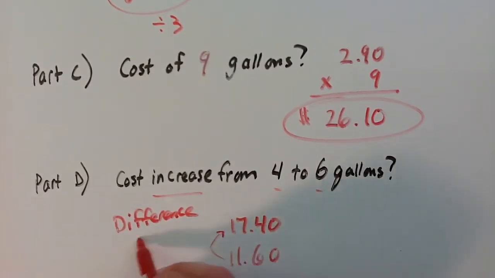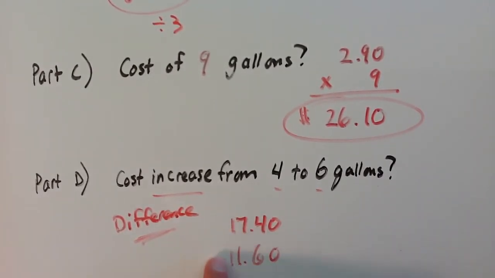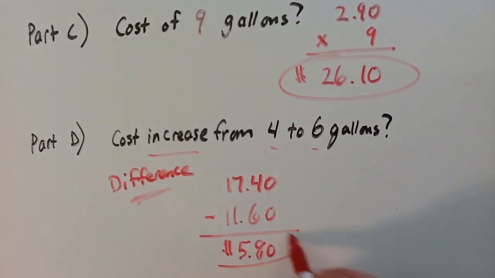And if you want to find the difference, that's a key word in mathematics for subtract, right? We want to subtract the larger number minus the smaller number. And if you do 17.40 minus 11.60, you'll get $5.80. So that is the cost increase from 4 gallons to 6 gallons.